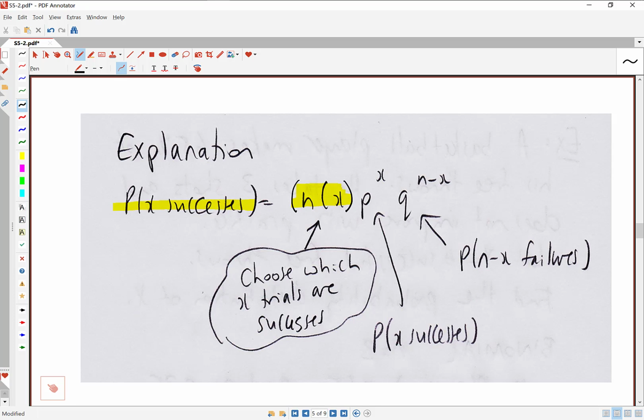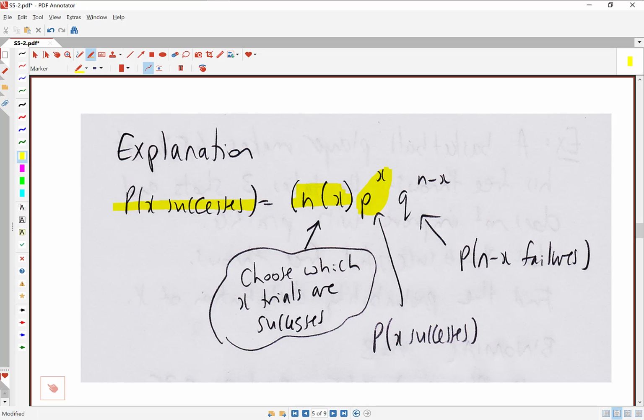Okay, then we have to calculate the probability of getting the X successes. Well, probability of a success is P. So basically we're going to go P times P times P times P. If there are X successes, fast way to write that is P to the X. And then we need to account for the likelihood of getting N minus X failures, because there are N trials in total.